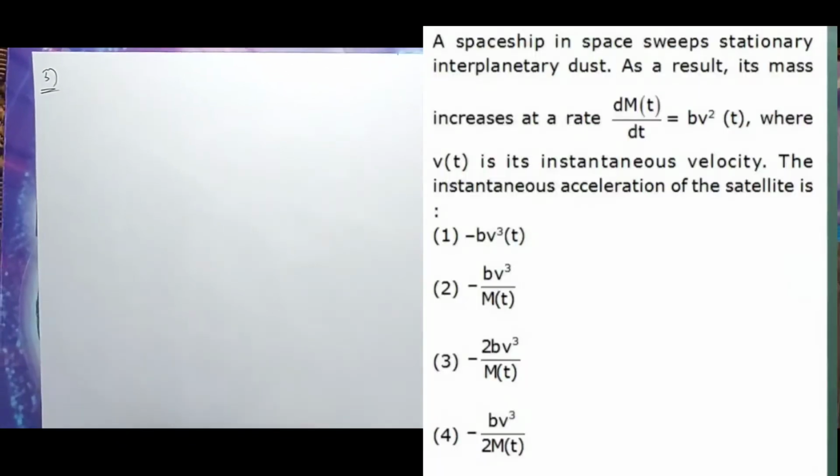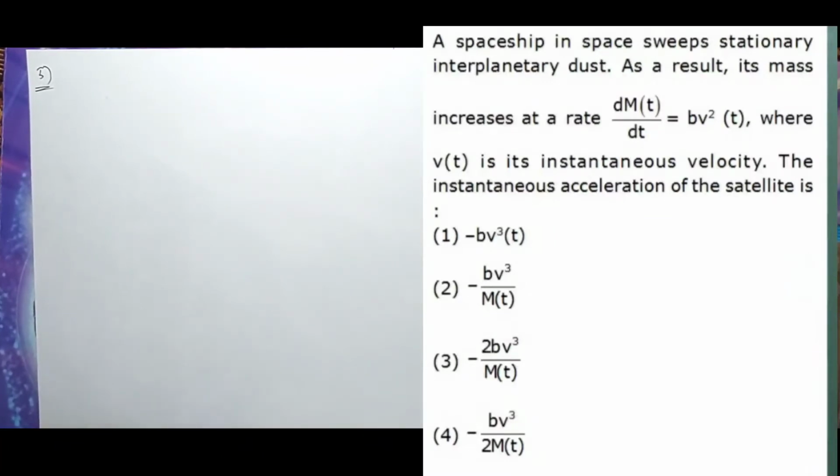Now, let us discuss another question. A spaceship in space sweeps stationary interplanetary dust. As a result, its mass increases at the rate dm by dt equal to b v square, where v is the instantaneous velocity. The instantaneous acceleration of the satellite is?